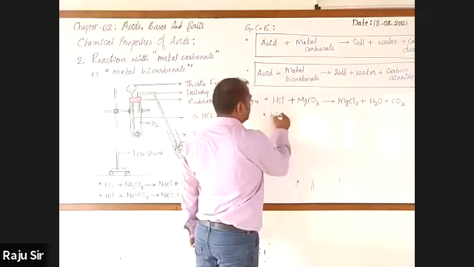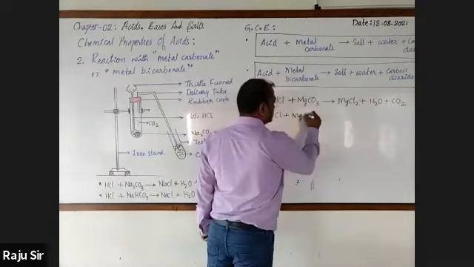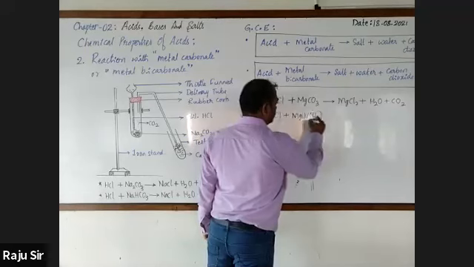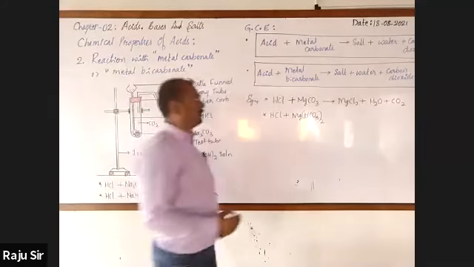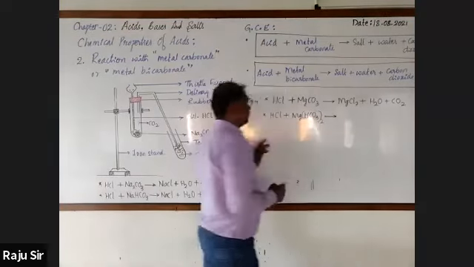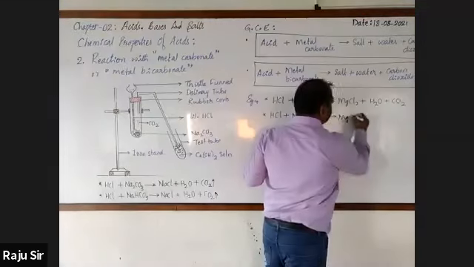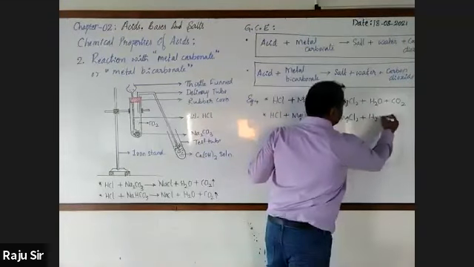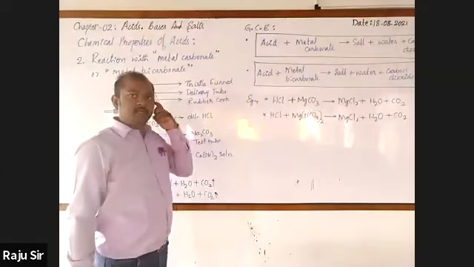Similarly, I take HCl plus Mg(HCO3)2, magnesium hydrogen carbonate, magnesium bicarbonate. It gives magnesium chloride plus water plus carbon dioxide. MgCl2 plus H2O, then carbon dioxide, CO2, same products.